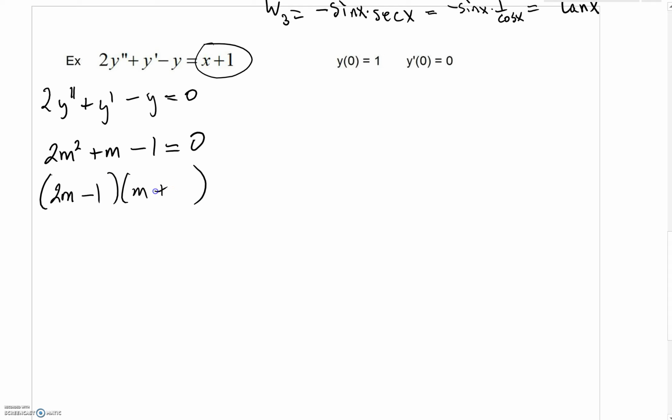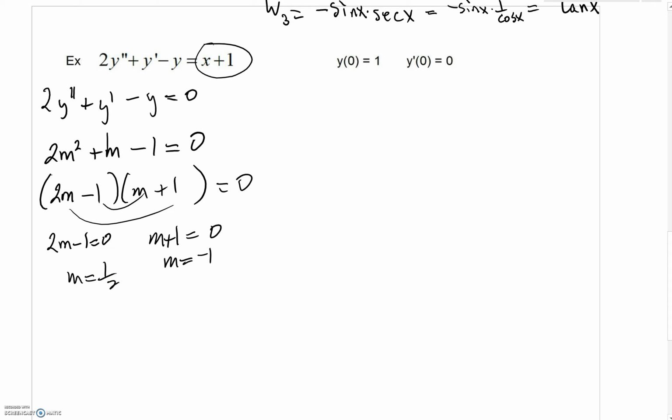I'm seeing a -1 and a +1 because we're going to have to be able to add to a 1m. We see that in the middle, and yet multiply to a -1. We'll have 2m minus 1 equals 0. M plus 1 would equal 0, so we'd get m equals -1. Here, if we add a 1 and divide by 2, we'd get m equals 1/2.